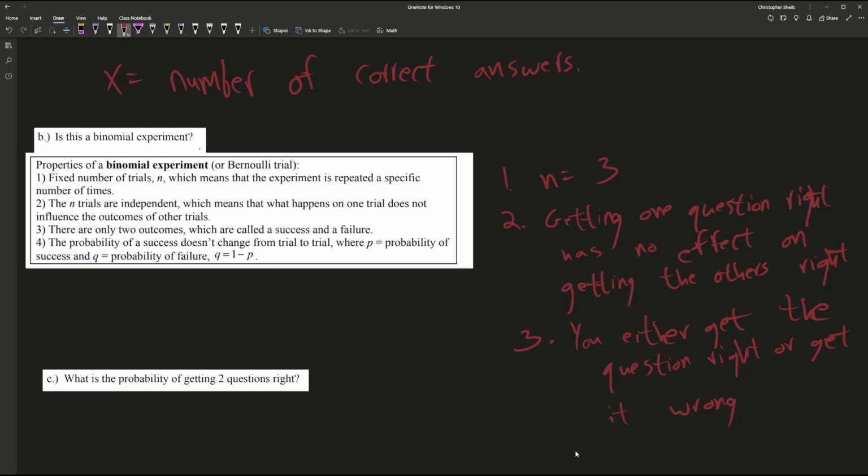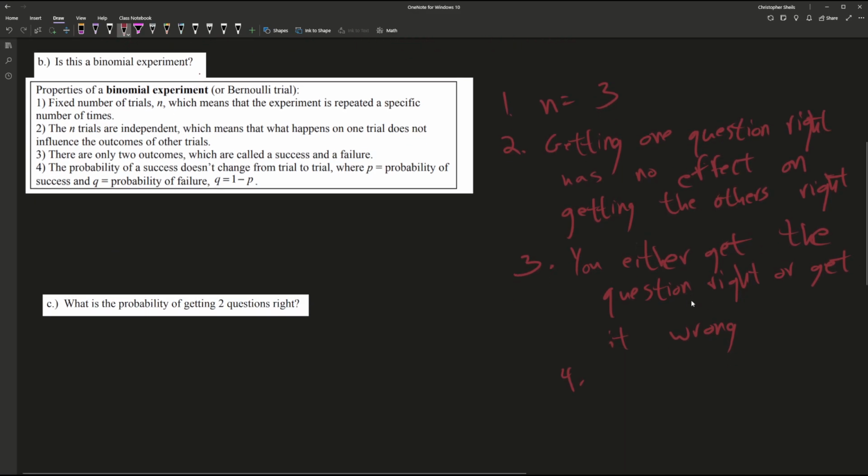And for this fourth criteria, the probability of success doesn't change from trial to trial. That's correct. The probability of getting a question right is always 1 out of 4. We said that there were 4 possible answers. So the probability of getting a question right is 1/4.